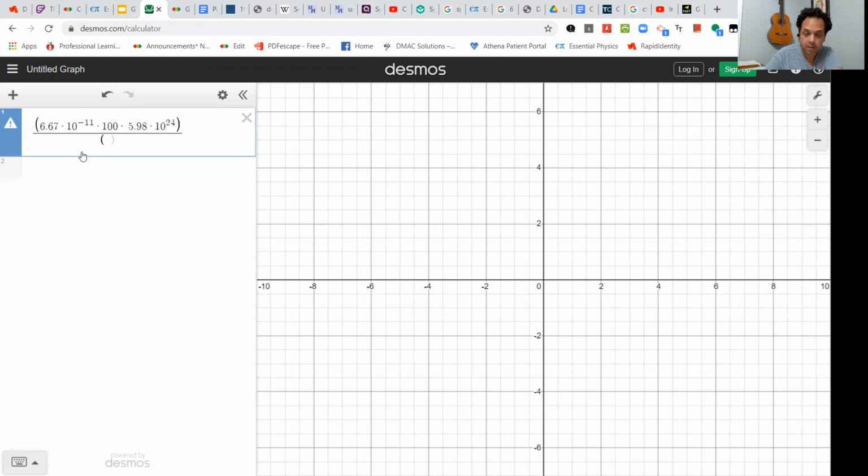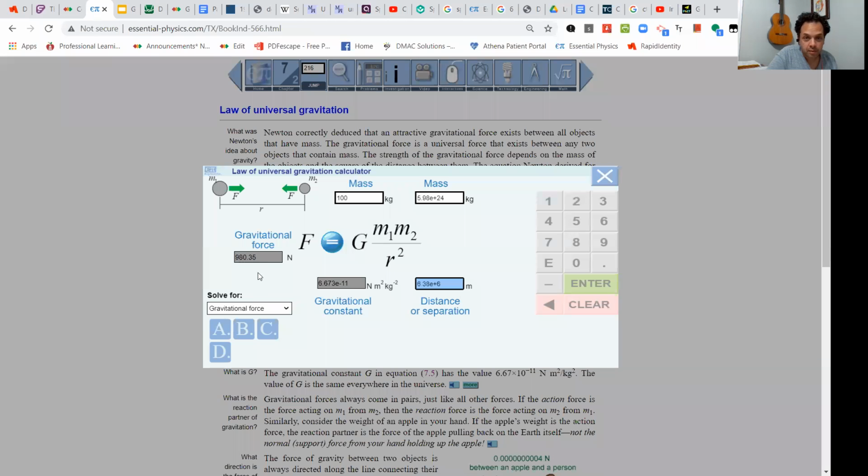I'm going to do parentheses as well, raised to the 6, and then I have to square this thing, raised to the second power. And then you see I got 979.9, which is the same thing as 980. So very similar. If you put any one of those answers, those will work.